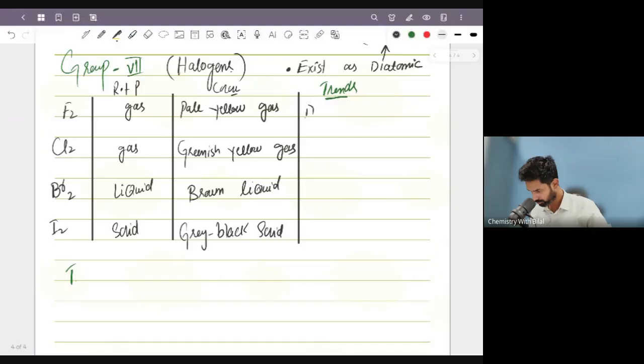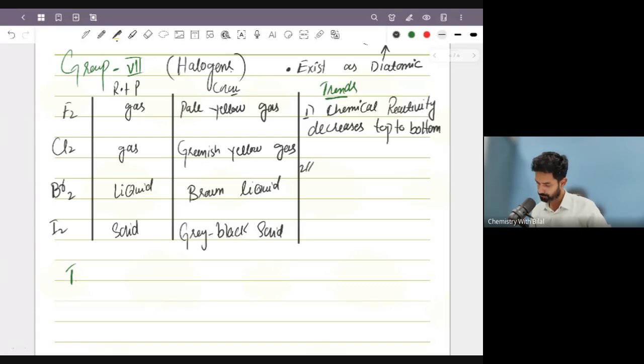Number 1, the chemical reactivity decreases top to bottom.